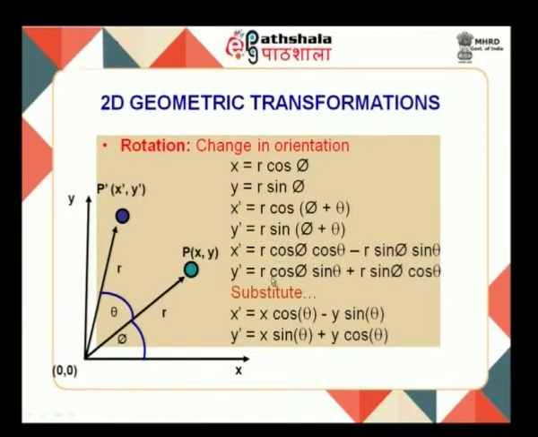Now, r cos phi was computed previously as x, and r sin phi as y. So, replace r cos phi with x and r sin phi with y in the equations. Finally, x dashed is equal to x cos theta minus y sin theta, and y dashed is equal to x sin theta plus y cos theta. These are the two important final equations which you will have to remember.